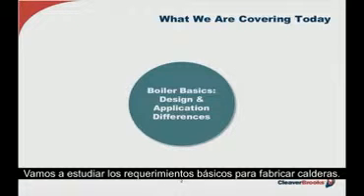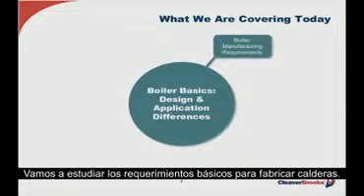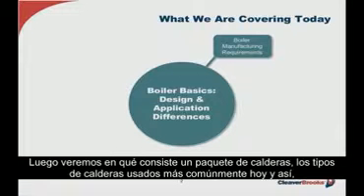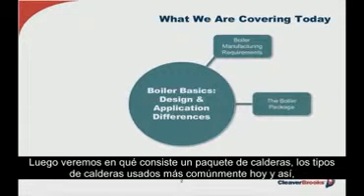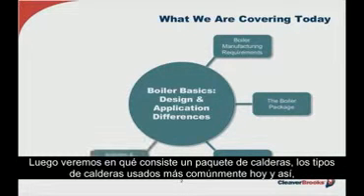That said, what we will be covering today starts with the basic boiler manufacturing requirements, which then would lead us into what's included in a boiler package. And from here, we'll delve into the various types of boilers, which are most commonly used today.